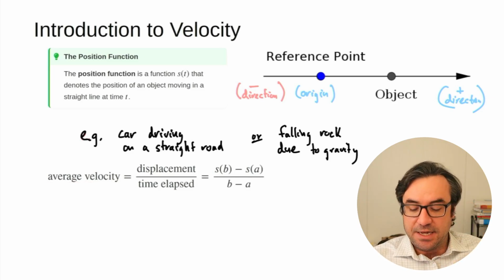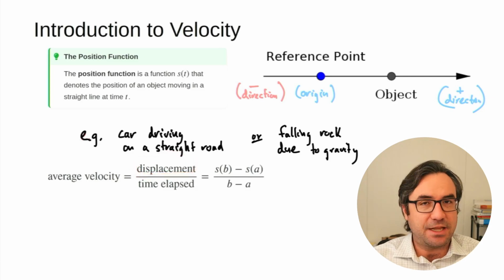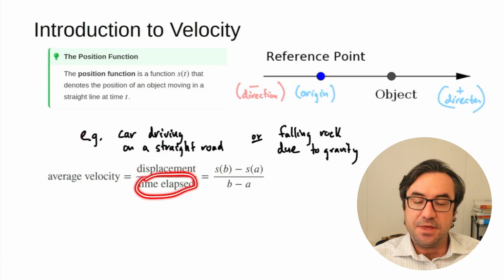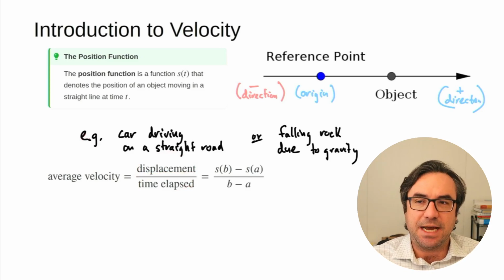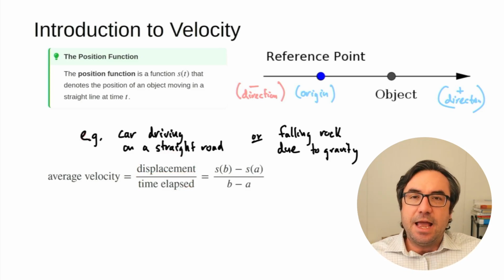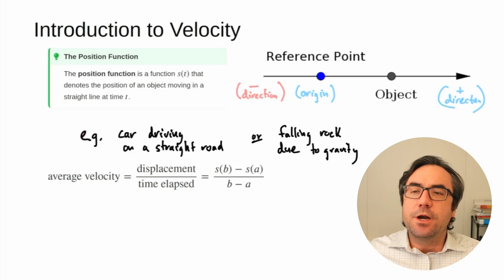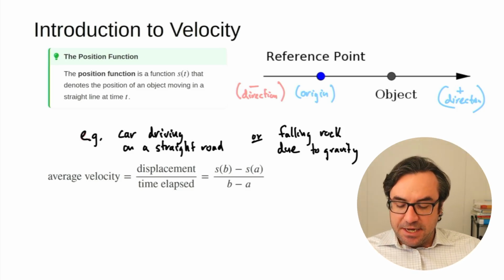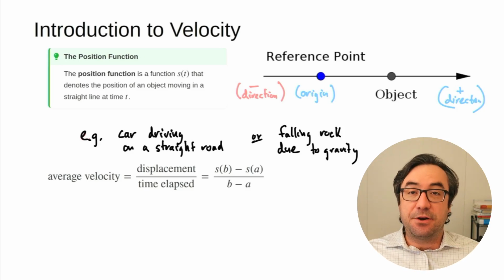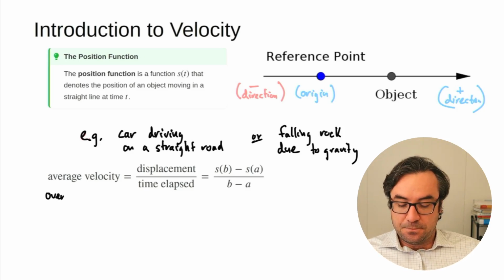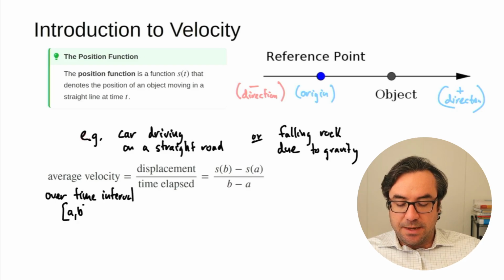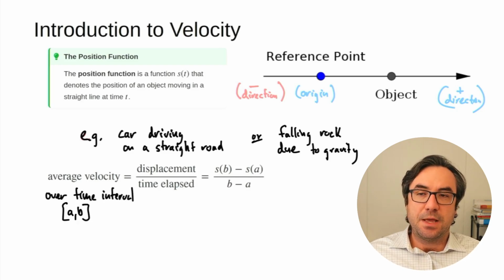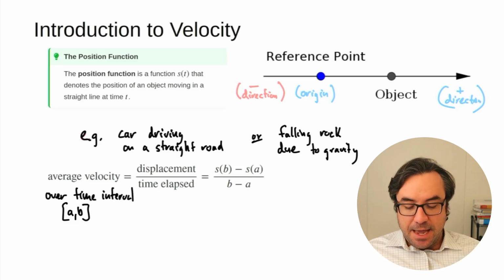So the average velocity is the displacement of our object that's moving divided by the amount of time that has gone by, the time that's elapsed. And so we're going to be saying the average velocity over a specific time interval. We might write our time interval like this, from A to B. And A is going to be the start time.